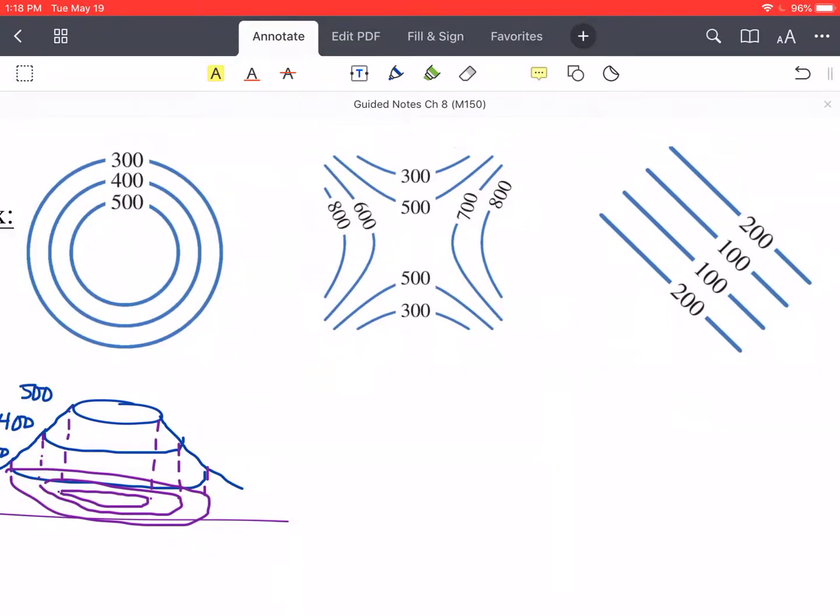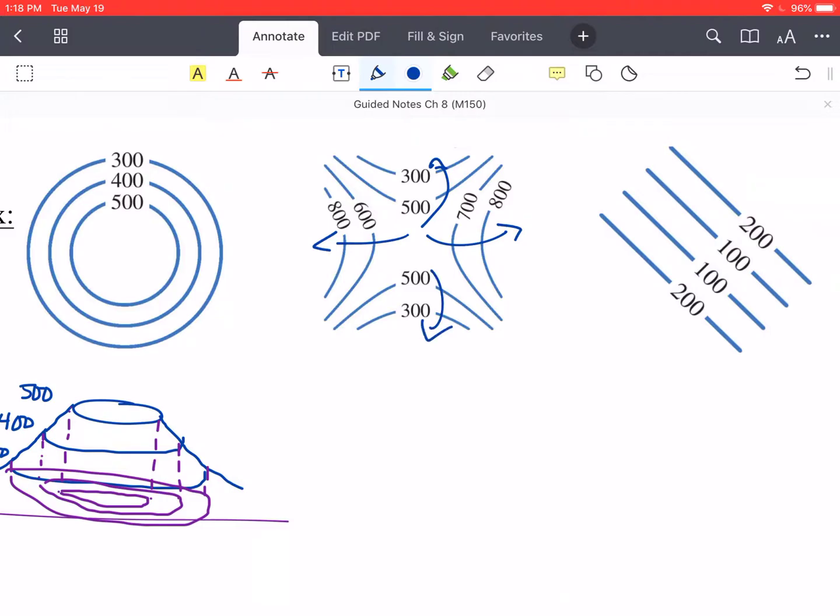So this one's kind of interesting. So notice we have this pattern. It's increasing as we go out to the left and right, but it's decreasing as we go up and down here. So to get a clear picture of what's going on here, I'll draw my 800s.